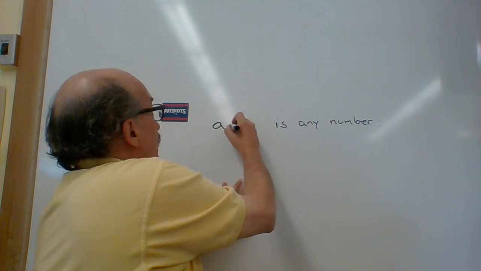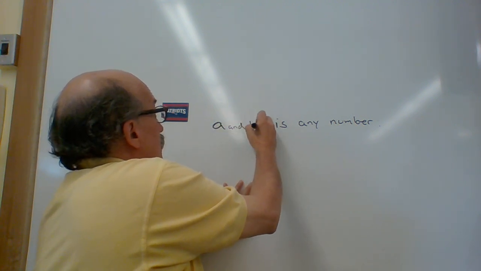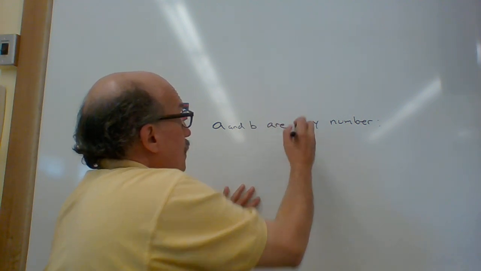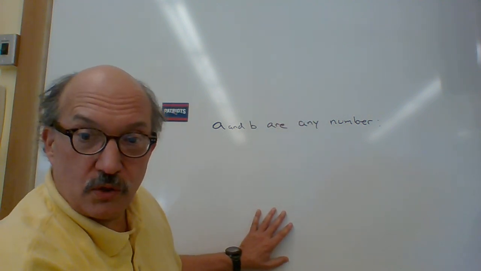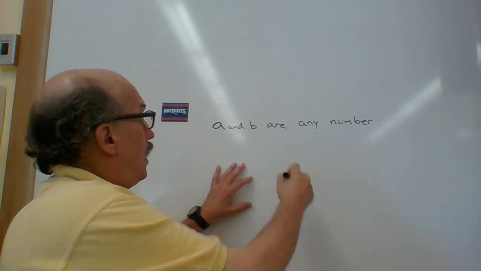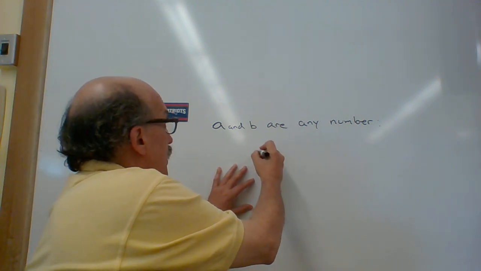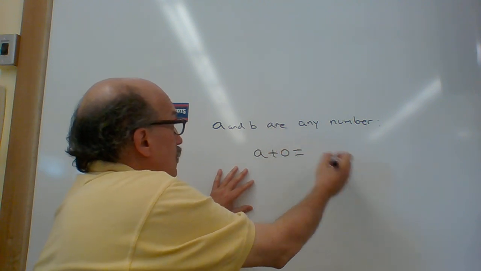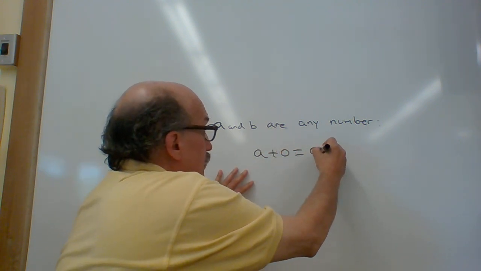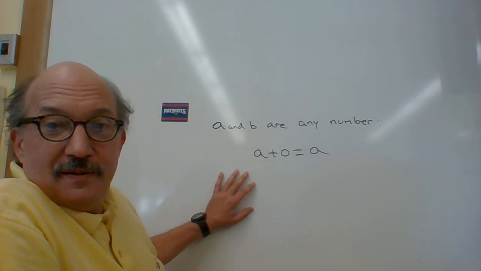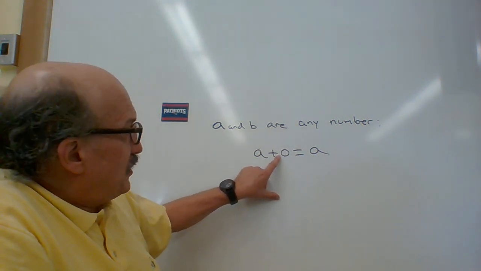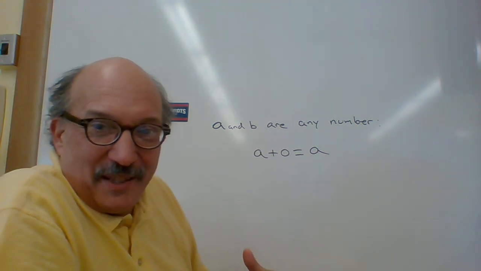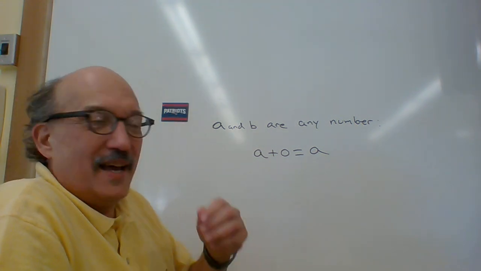Let's say A and B are any number. Bring 2 letters in there, 2 numbers, A and B. As far as addition is concerned, we have A plus 0 equals A. Now, let's see, here we do need the plus sign. Mathematicians have not come up with a way to eliminate the plus sign. We still have to write that.